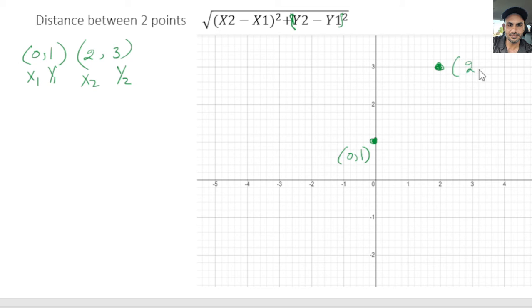This is 2, 3. Now we are finding the length of this segment right here, the distance between these 2 points. If you look at it, you should be able to see a right triangle with the height, this right here, and the base right here.